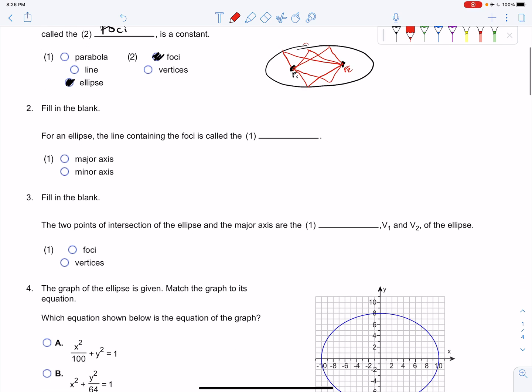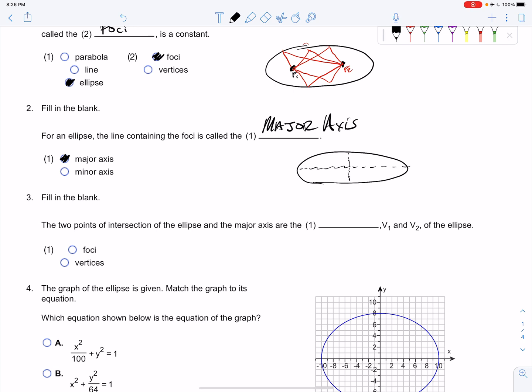For an ellipse, the line containing the focus or foci is called the major axis. So you've got a minor axis, which is the shorter distance, and then you've got this elongated major axis.